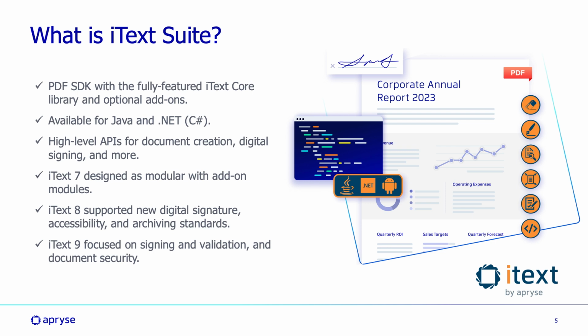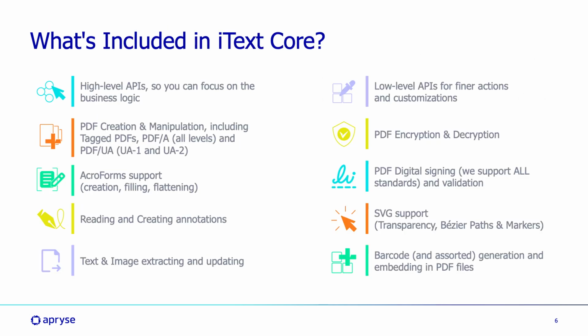Then with 8 we focused on digital signatures, accessibility, archiving standards. So we asked our users what's the main use case after document creation and manipulation, and digital signatures really came on top. So we wanted to invest in that part. And with iText 9 we continued on that path.